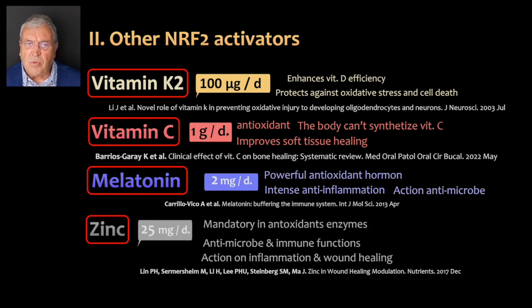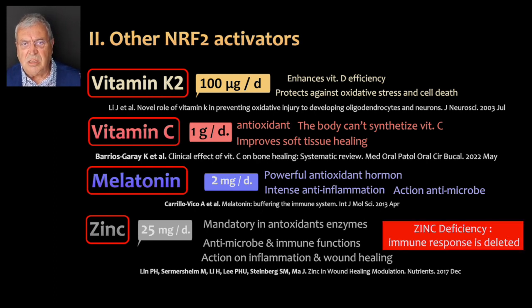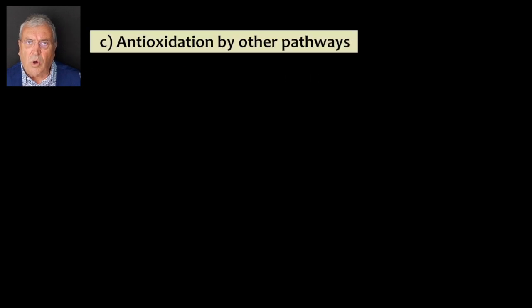Zinc is mandatory for producing antioxidant enzymes. Without zinc, with a deficiency in zinc, the immune response is deleted. But we have also other pathways to produce antioxidant, not only the nuclear-related factor 2.